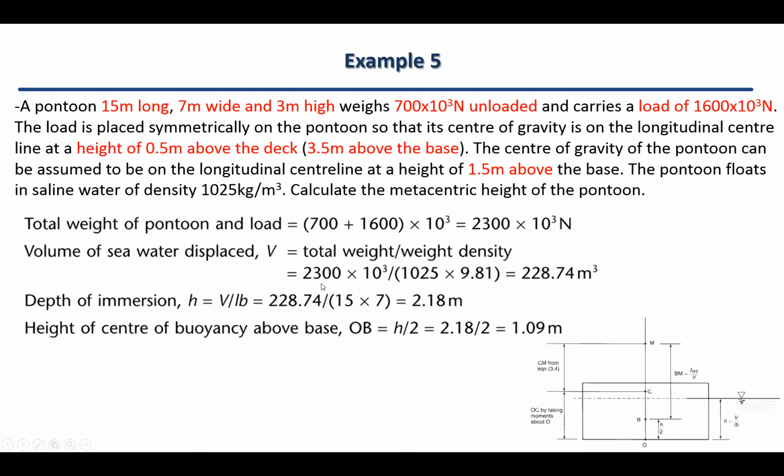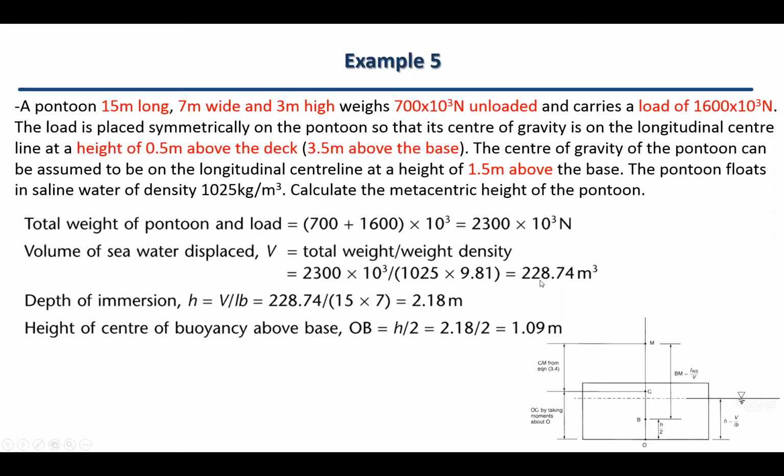The weight is not the mass, it is the weight in newtons. So 2300 kilonewtons divided by density, 1025, times g, gravitational acceleration.